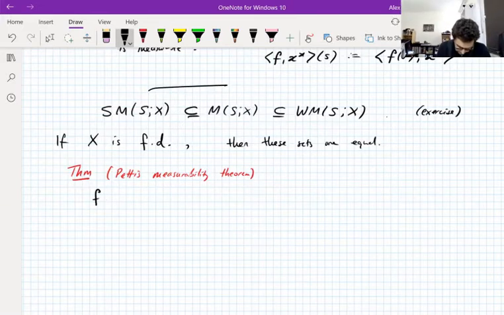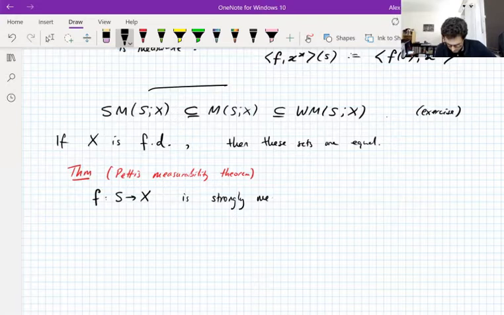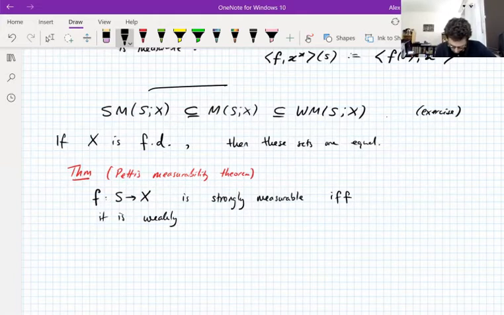A function f valued in x is strongly measurable if and only if it is weakly measurable and we need a bit more. It's not going to come from weak measurability. And separably valued.